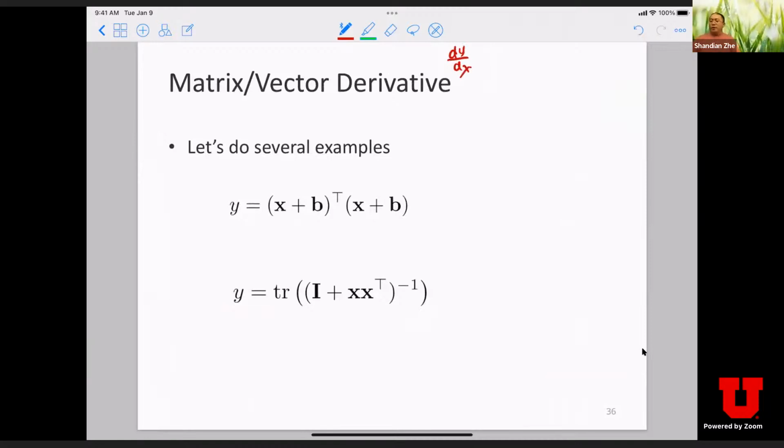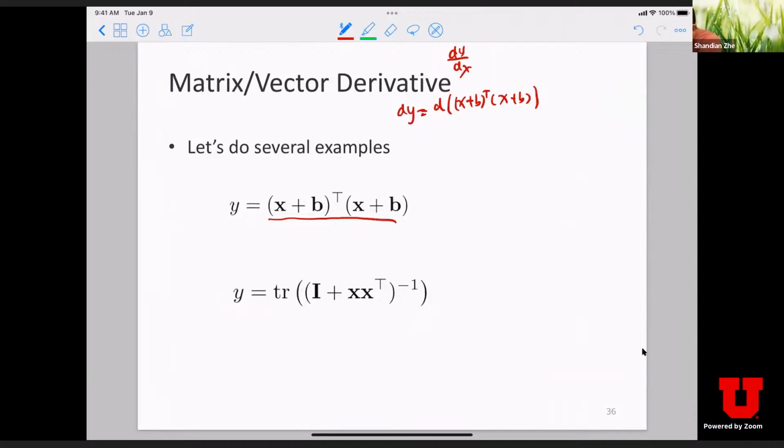Okay, to do that, we just want to derive dy. So dy is equal to this guy, right? So that means dy equals the derivative of x plus b transpose x plus b.